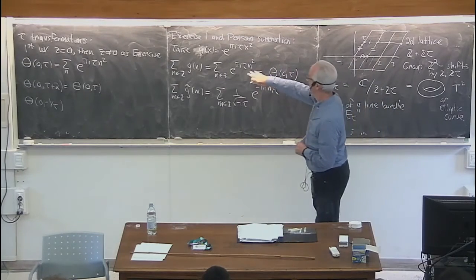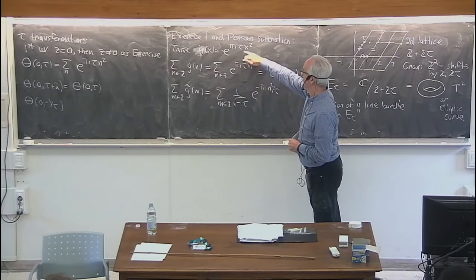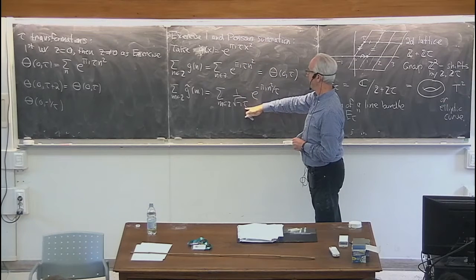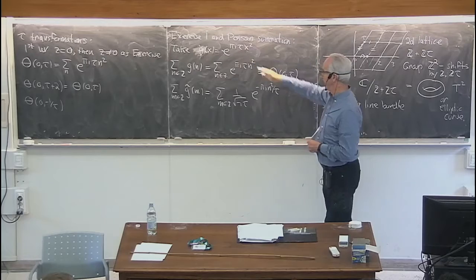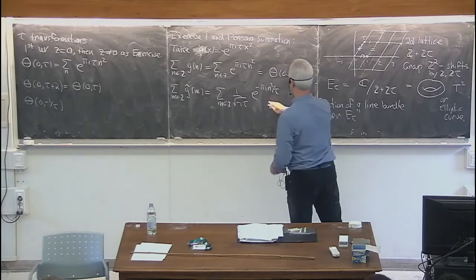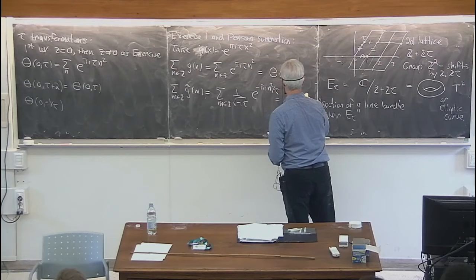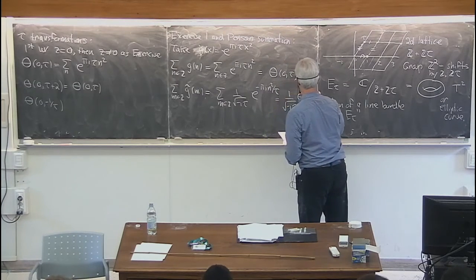Remember, the exercise was to show that this function has a Fourier transform, which is this factor of 1 over square root of minus i tau times the function at minus 1 over tau, which is what this is. But this is 1 over the square root of minus i tau times the Jacobi theta function at 0 and minus 1 over tau.